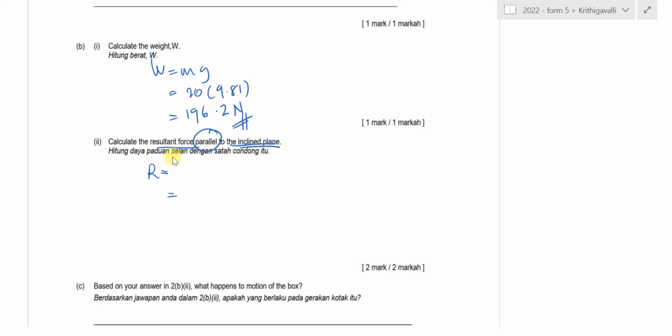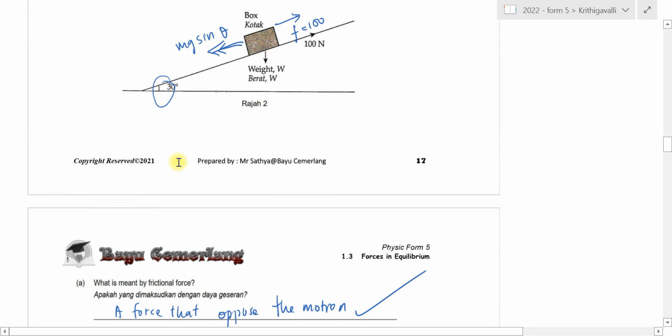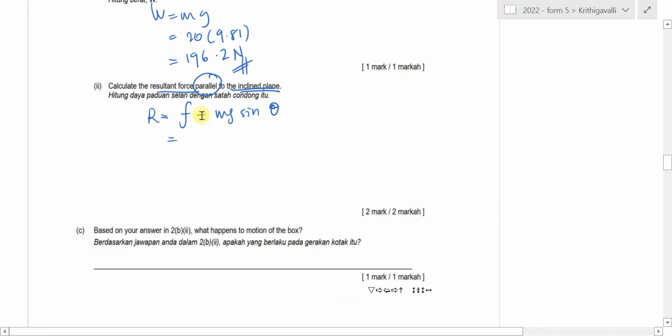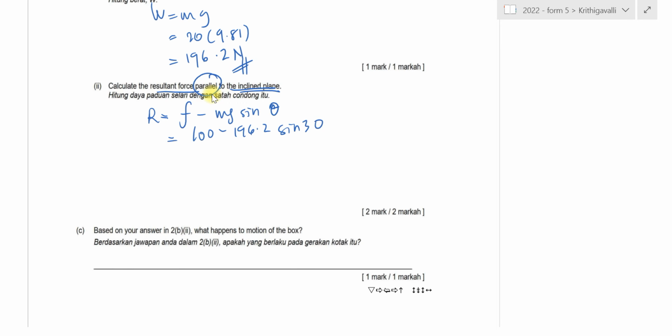The friction is too high. So frictional force minus mg sine theta, parallel to the inclined plane. So 100 minus 196.2 sine 30.